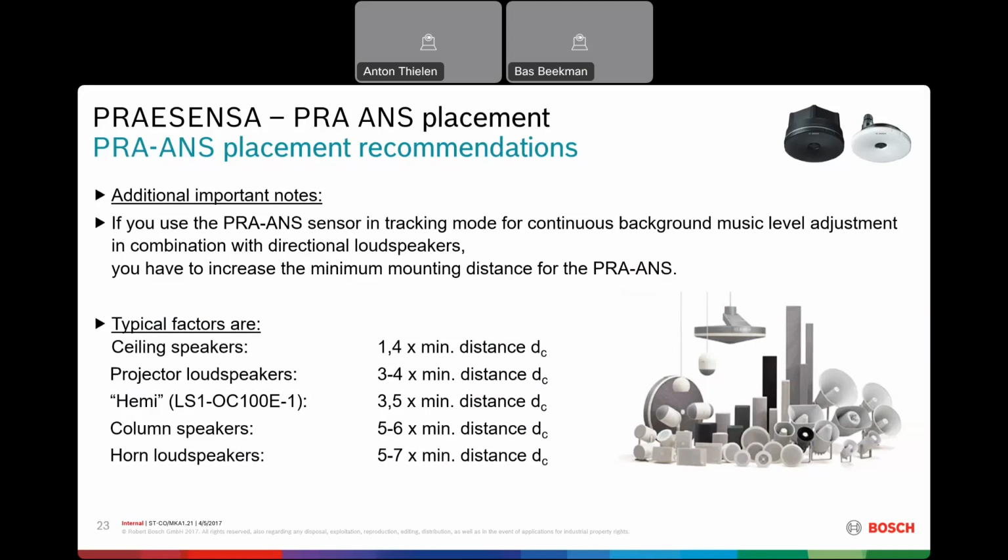For horn loudspeakers it's much more, because those are very directive devices, and there it's even 5 to 6 times. So this is really a basic guideline, but keep in mind that these are rule of thumb factors on top of what you just saw in the table, based on the volume and the RT60, to position your ambient noise sensor.